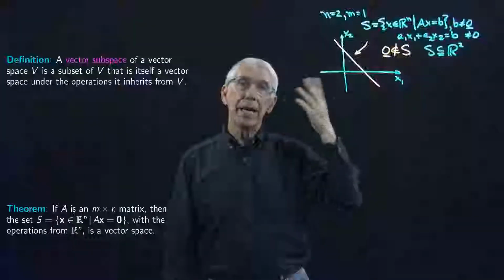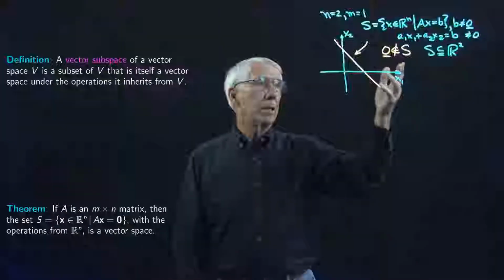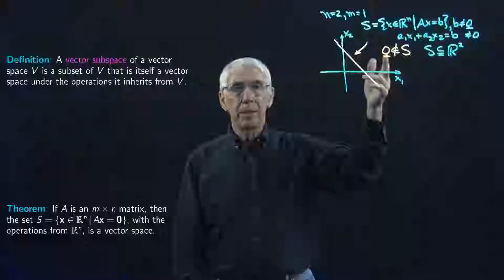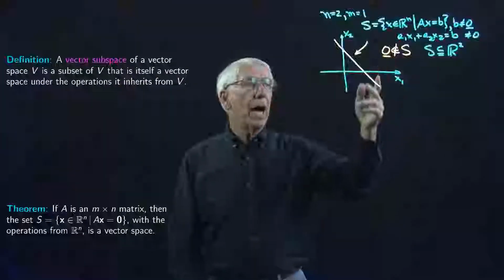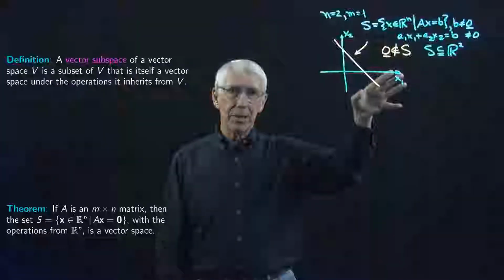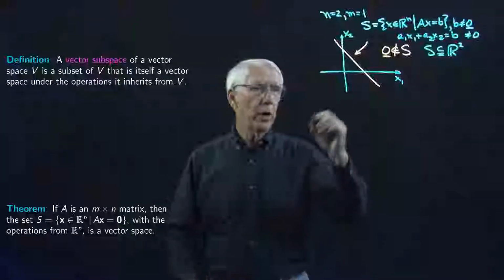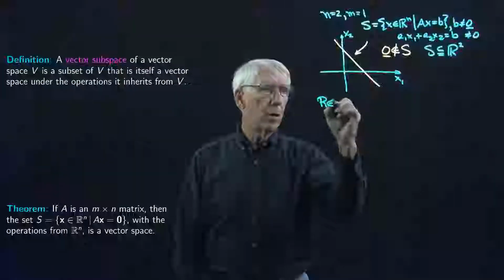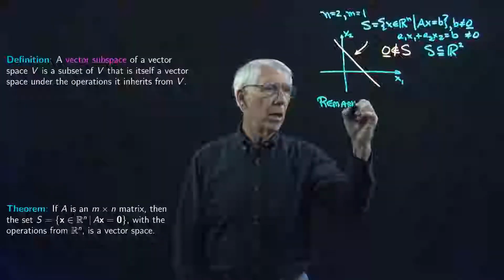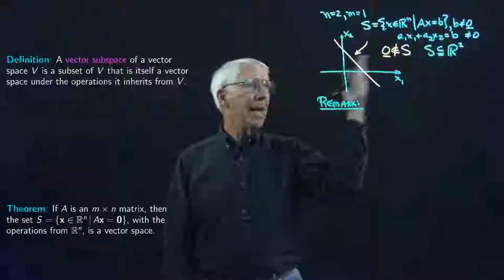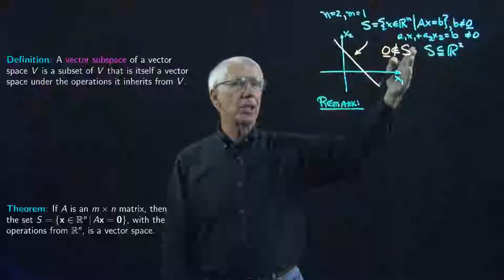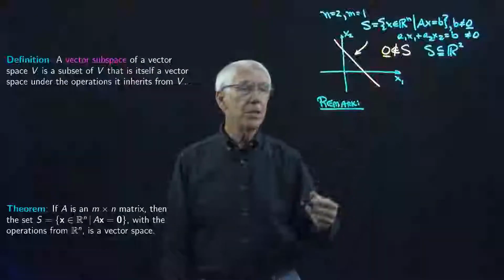That's because I know that subspaces have to contain the 0 vector. So I could prove that in this case, but what I'm going to do is use this as motivation for a more general remark that says any subset that's actually a subspace has to contain the 0 vector.